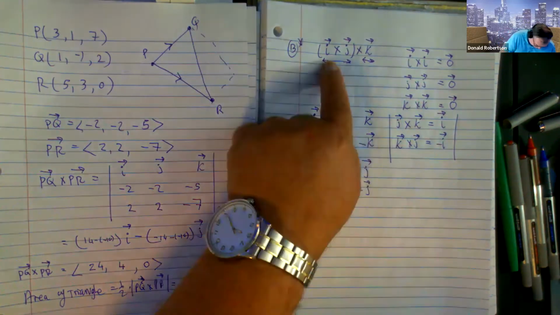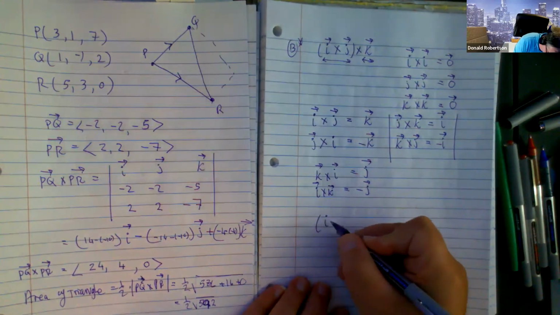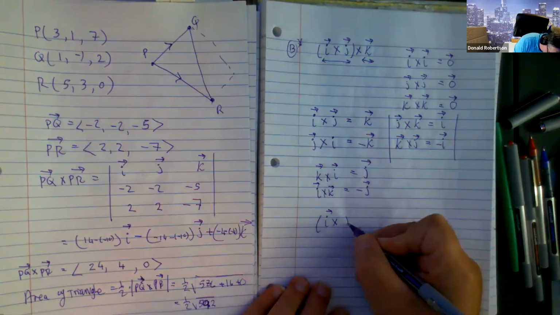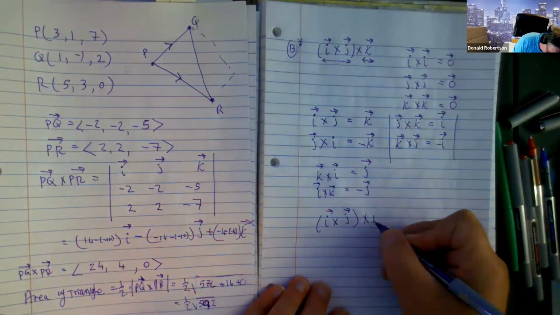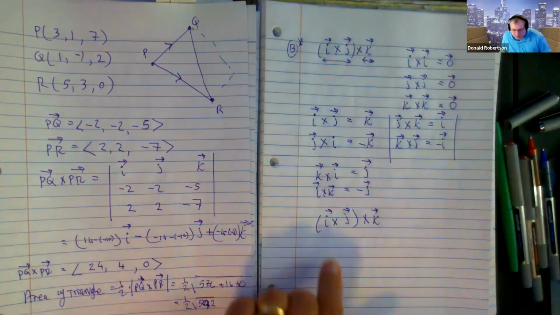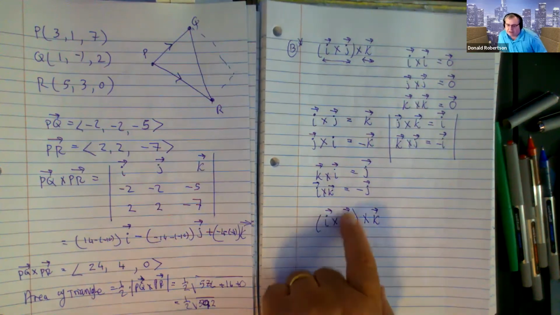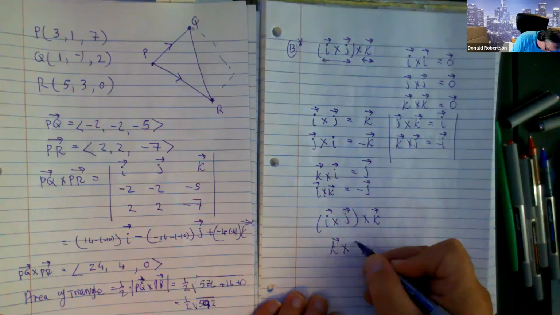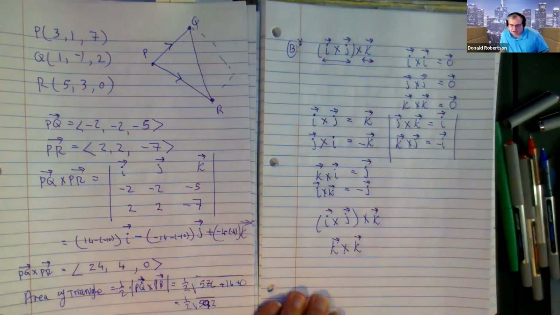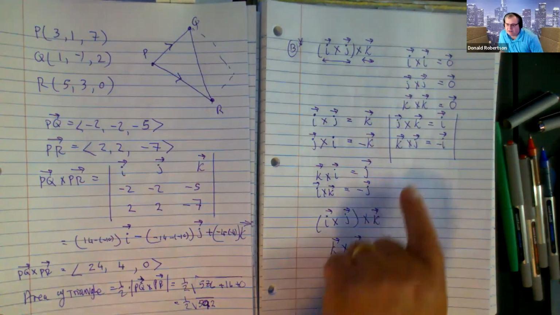Right, back to this question here. i cross j is k. So this becomes k cross k. And k cross k is the zero vector.